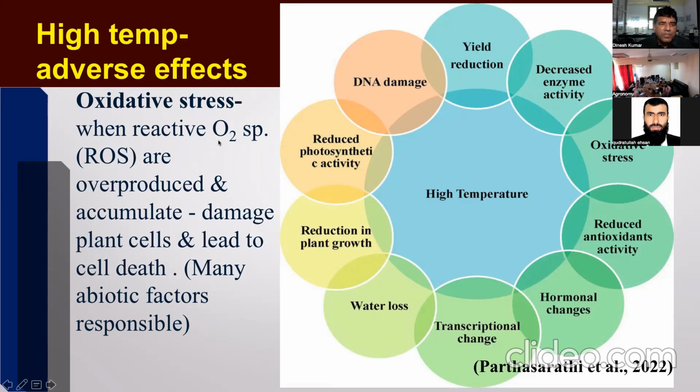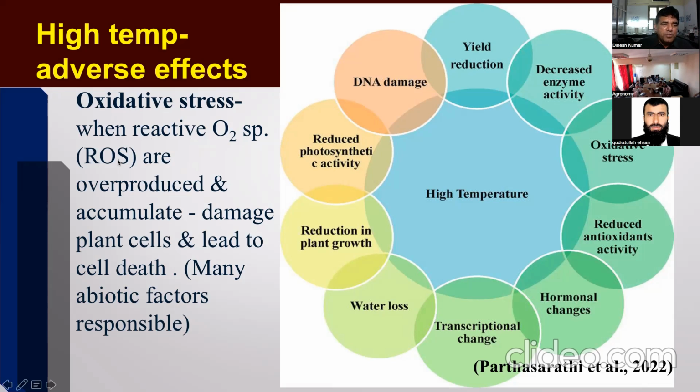It occurs when reactive oxygen species are overproduced. O2 is normal oxygen, and reactive oxygen is simply O. That is called reactive oxygen species, ROS.